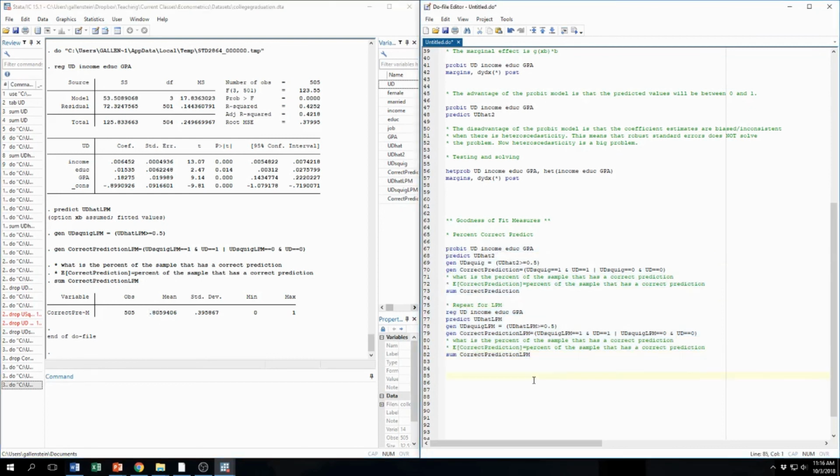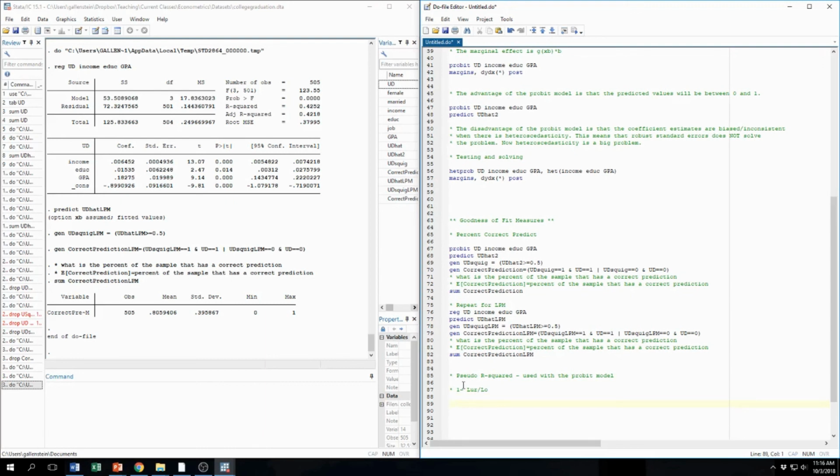All right, the other one is the pseudo R squared. Now this is used with the Probit model. If you remember, the pseudo R squared is 1 minus L unrestricted divided by L naught.